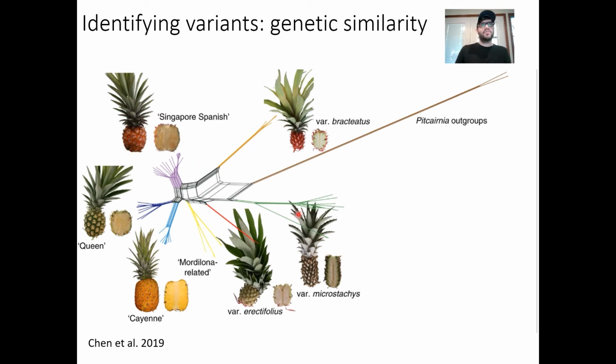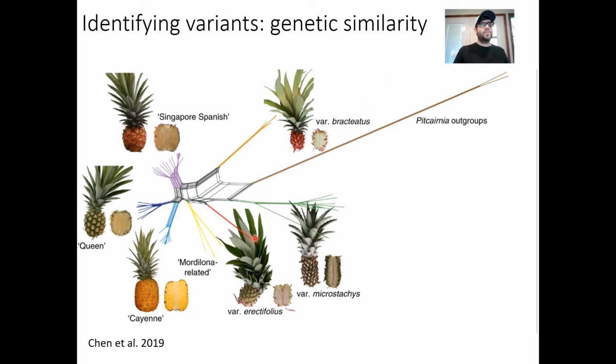And then we also have these wild relatives of pineapple, different subspecies that look kind of like pineapple, but they're a little bit different. The question was, which of these subspecies was pineapple domesticated from? So we resequenced a couple hundred individuals. We identified tens of millions of SNPs, or variants, between the individuals and our reference genome. Then we used a subset of those SNPs and ran a hierarchical clustering.